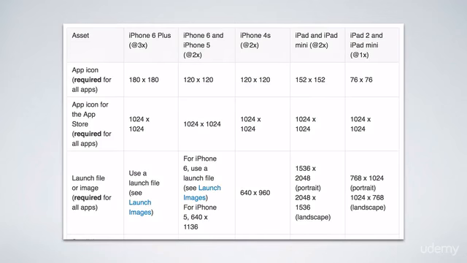You can see that we have the iPhone 6 Plus, which requires 3 times as many pixels as a non-retina display. So when we compare the first column and the last column, you can see there is the iPad 2 and the iPad Mini with a non-retina display.